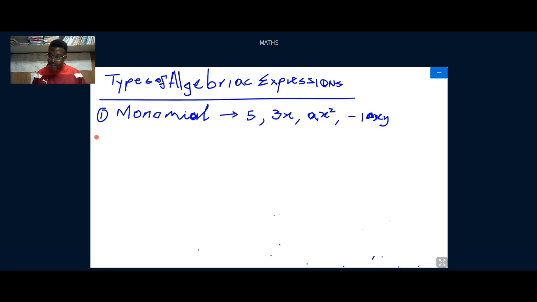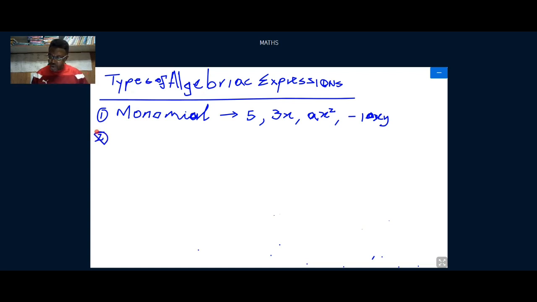There is no number operation, there is no plus, minus, you just have either a coefficient with a variable or a constant. You may have two variables that multiply each other and even together with a coefficient. Still a monomial.